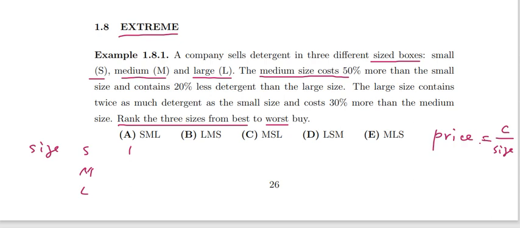So suppose there's a cost, we put $10. Size is 1, cost is $10. Then the middle size costs 50% more than the smaller size. So if this costs $10, this costs $15, right?